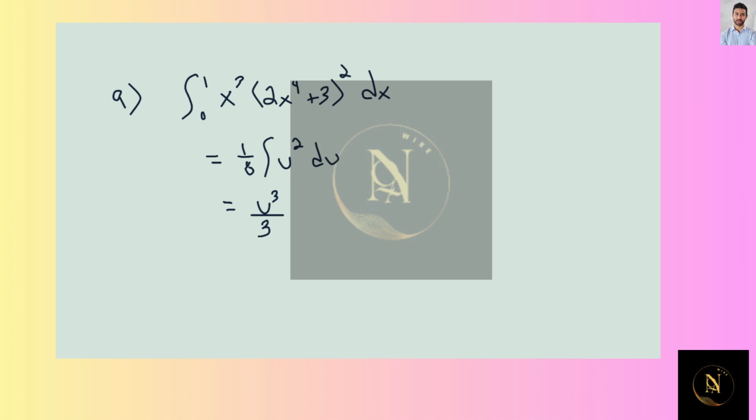And if we plug in the solved integral, then we would have 1/8 times the integral of u squared du, which would be u cubed over 8 times 3, or 24.